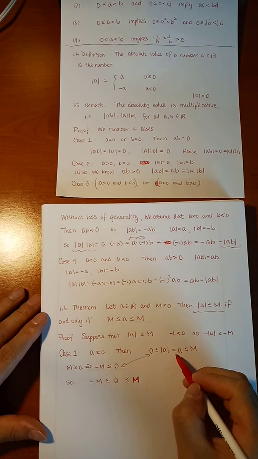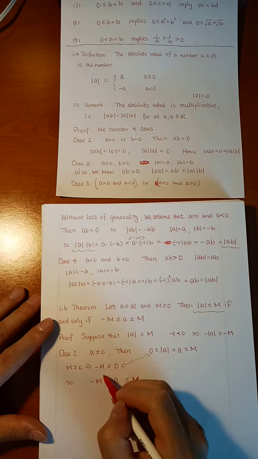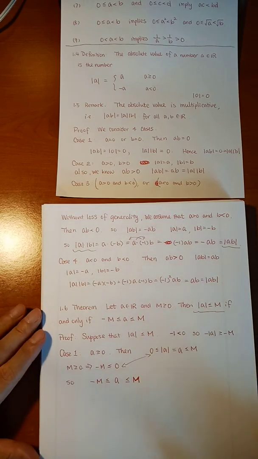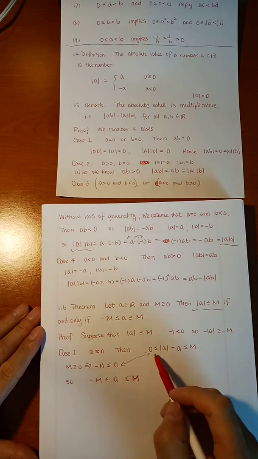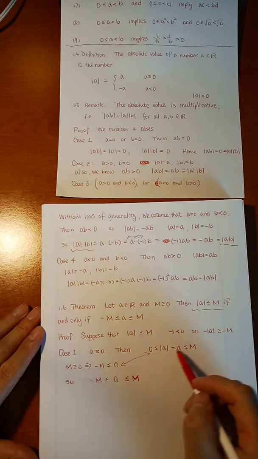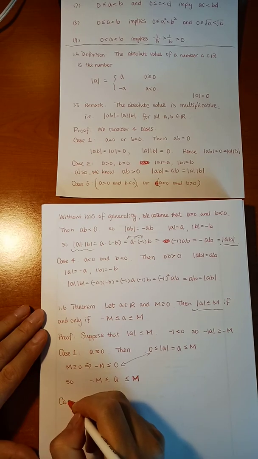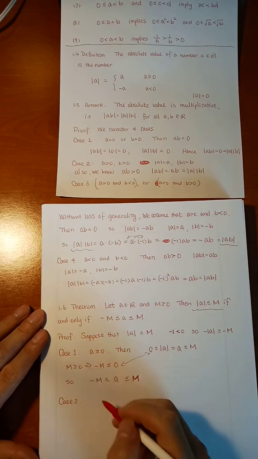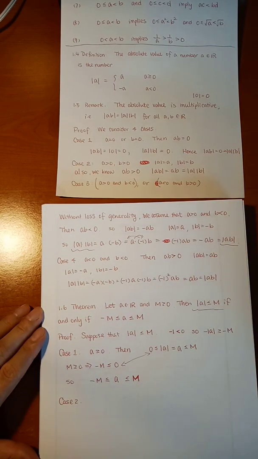So here you apply the definition of absolute value, and then you also apply the property of positivity of M, and then you use the transitivity. You connect or join the two inequalities. So for non-negative numbers, the statement is correct.